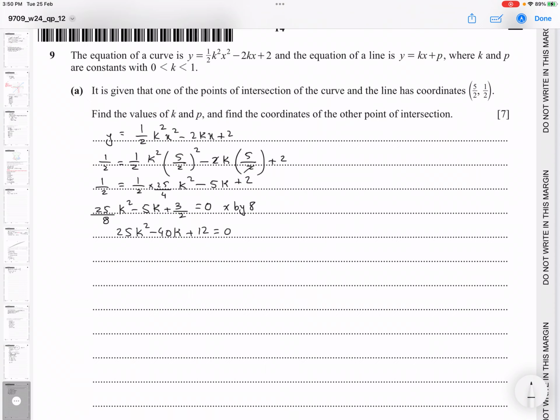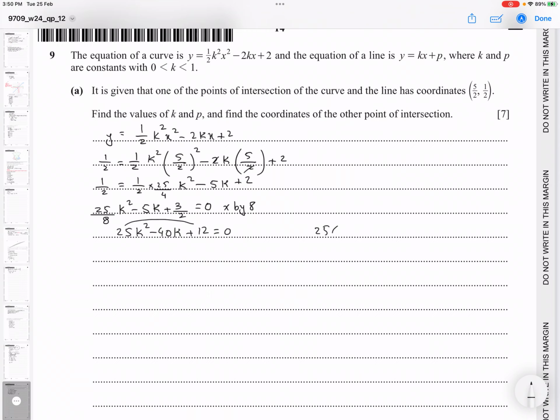Now you can use the quadratic formula, and you can also make the factors, whichever you like. If you are good at making factors, that would be easier than using the quadratic formula. I'm going to make factors.